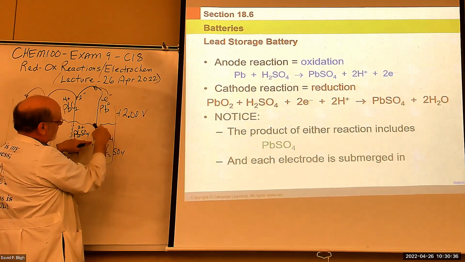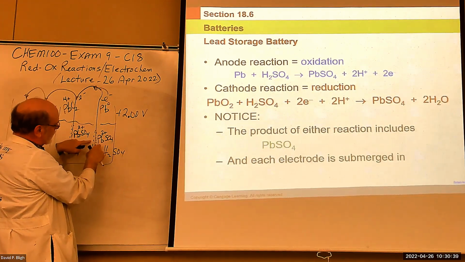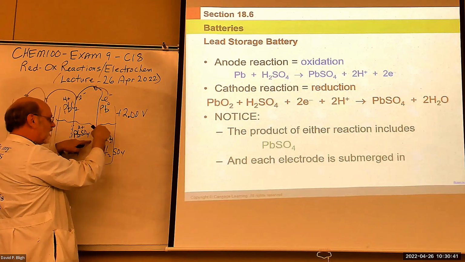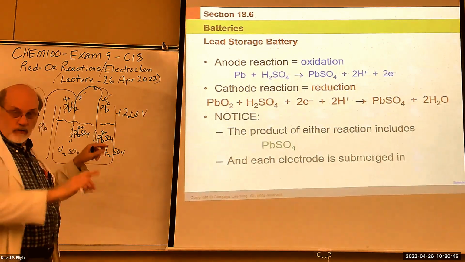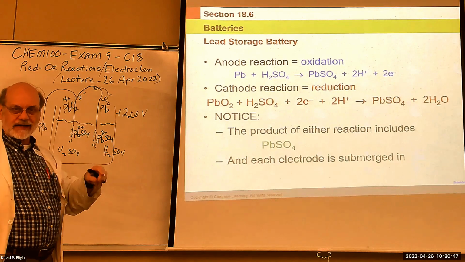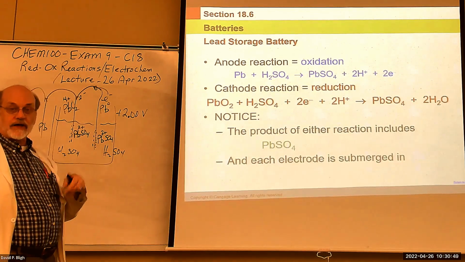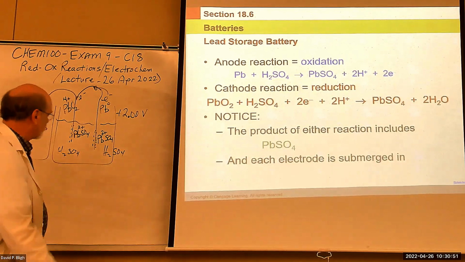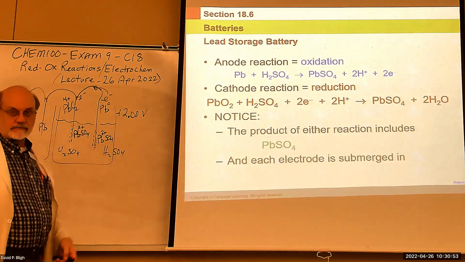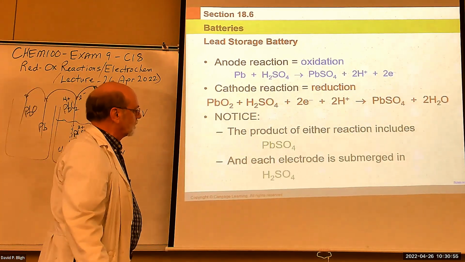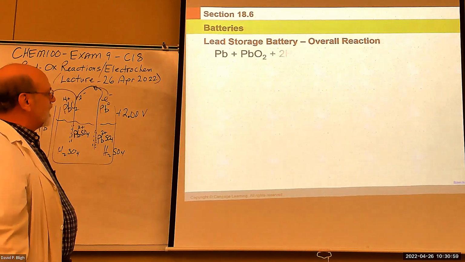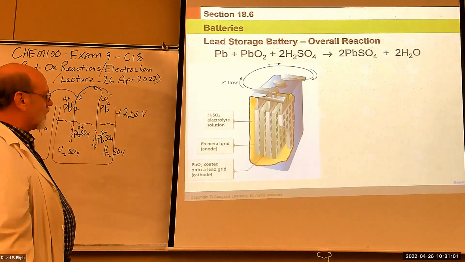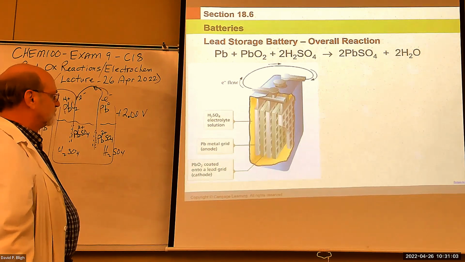And this one, it takes this lead sulfate and converts it to lead and also releases the sulfate back into solution. When we run it backwards as an electrolytic cell, when the alternator is charging your battery, it just runs that reaction backwards. Okay, there's the overall reaction.